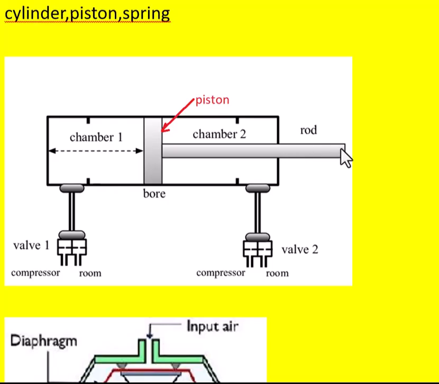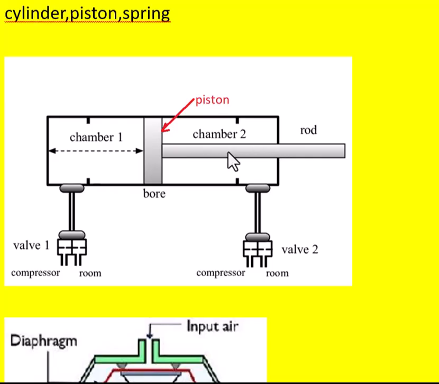The rod moving like this means its performance is good. Now, to bring this piston back to its original position, open this valve so that high pressure air enters here. That high pressure air will push this piston back to its original position.